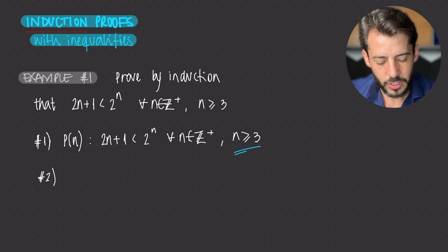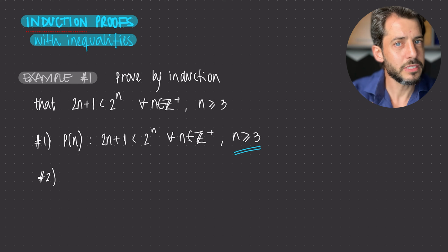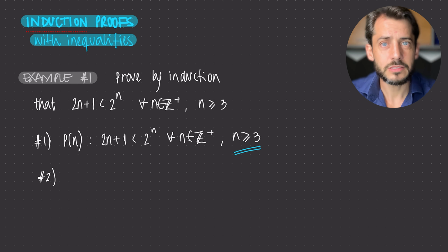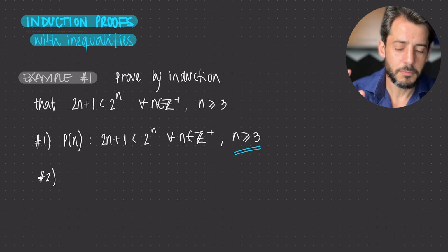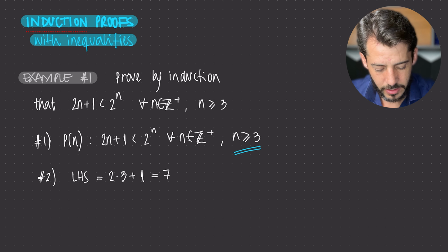Step number 2, the base case. Notice that we're talking about positive integers greater than or equal to 3. So the base case should be a substitution on the left-hand side and on the right-hand side by 3. N should be substituted by 3. The left-hand side is equal to 2 times 3 plus 1, aka 7.